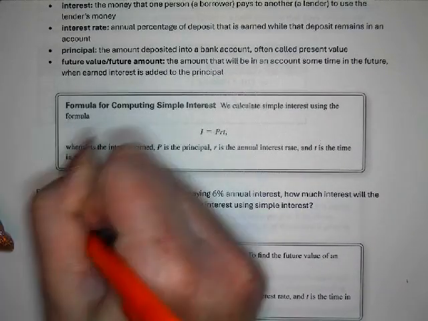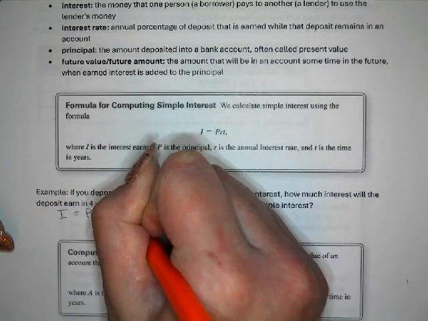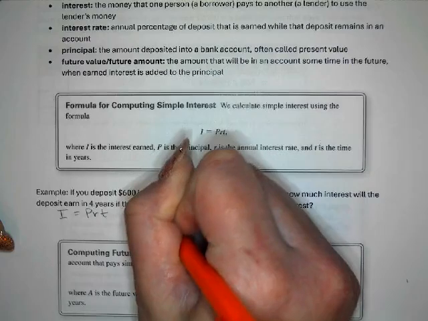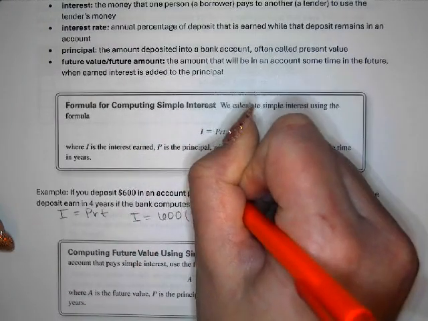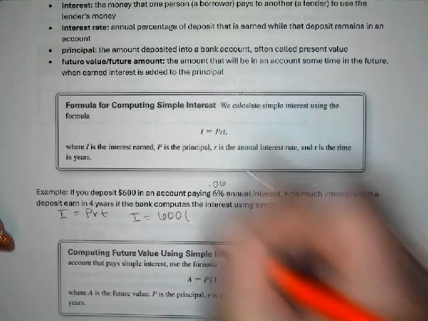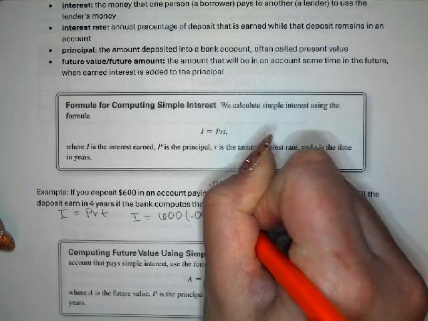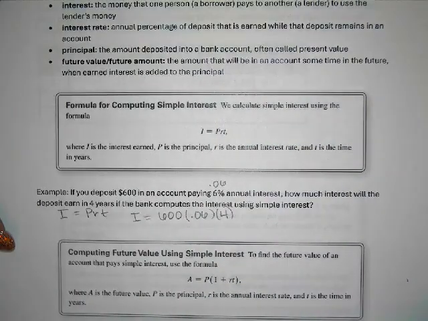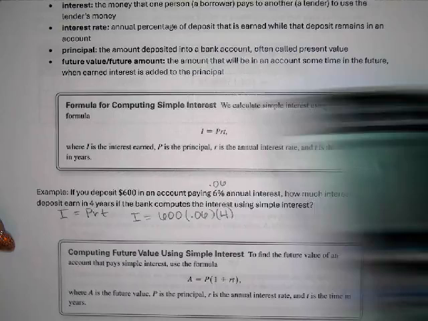So I have I equals P times R times T. So the interest amount is going to be the principal of 600 times 0.06 for the interest rate times 4 years for the time. So 600 times 0.06 times 4. And so the interest would be $144.